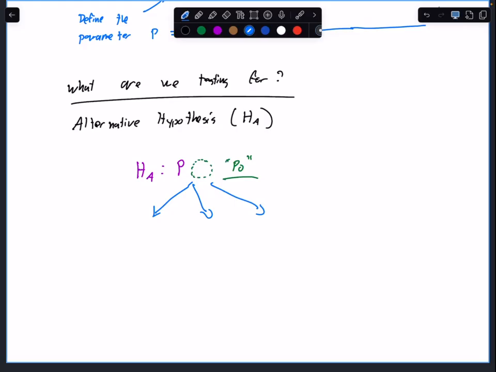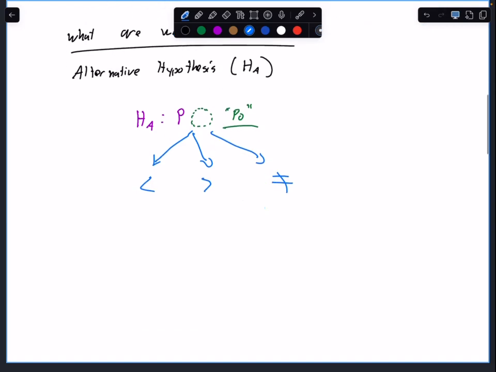Remember when we were doing that final question on the exam, were you looking for something that the entire interval was below? Were you looking for the entire interval to be above? That's less than, so we can try to see if it's less than, or greater than, or not equal to.